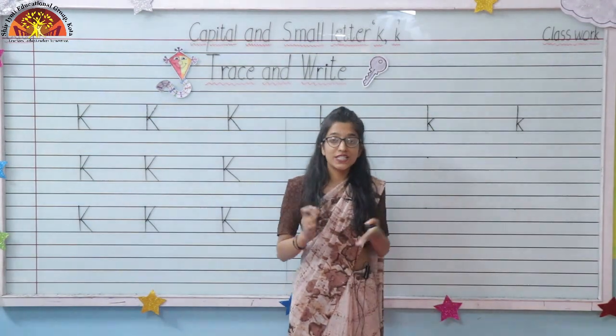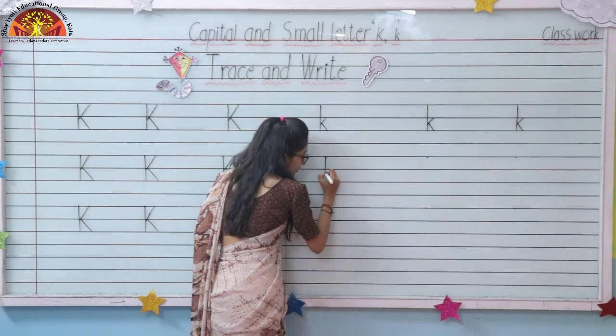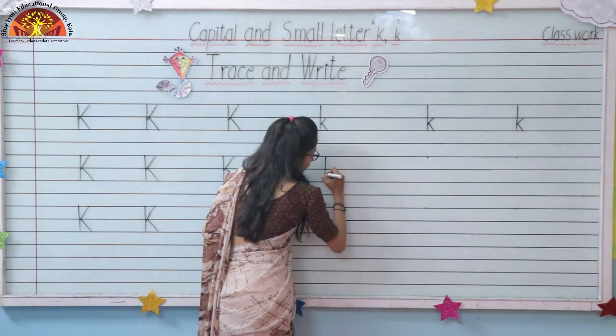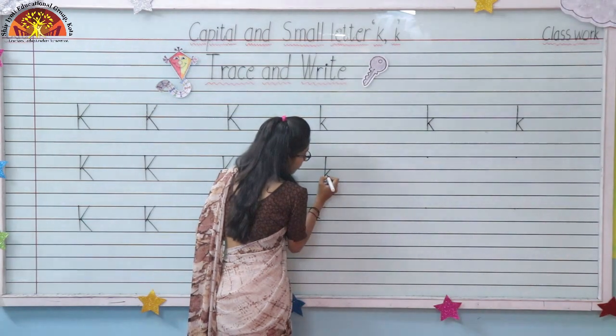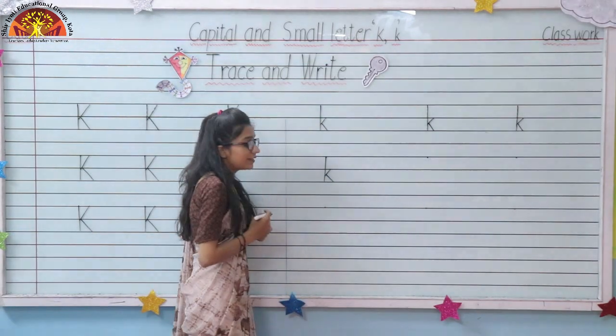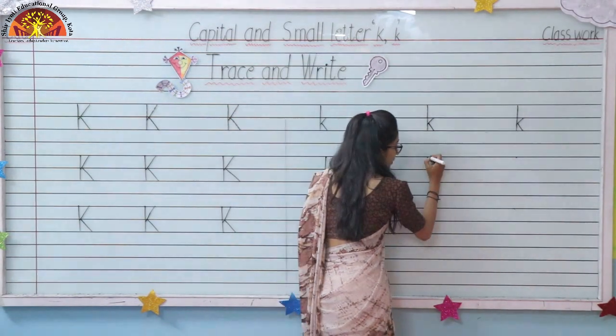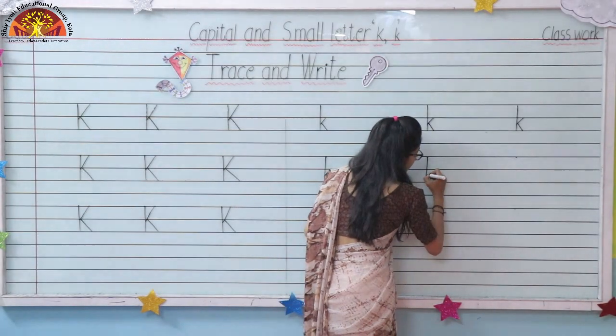Now let's write our dot. Kids, draw one standing line. From here you have to draw one slanting line. Then one more slanting line. Like this. Again kids, standing line. Touch these lines properly everyone.